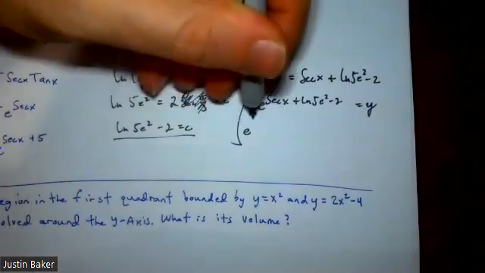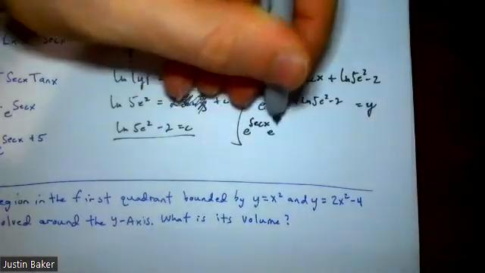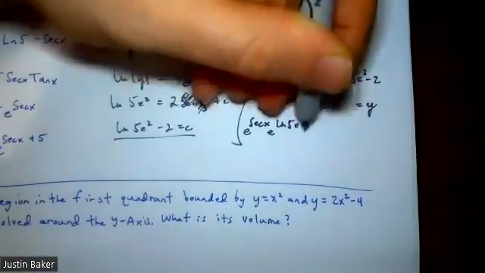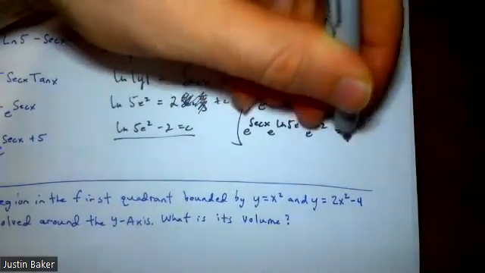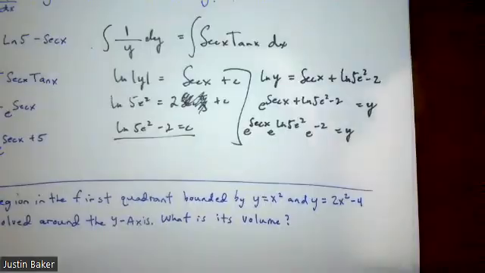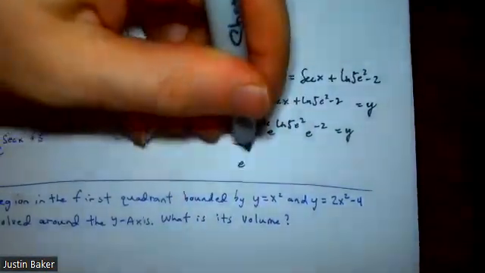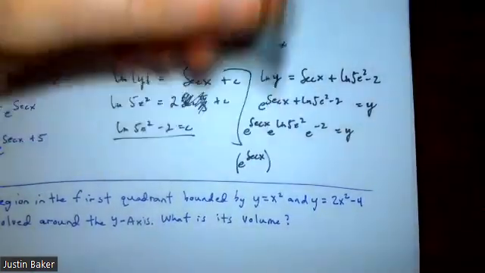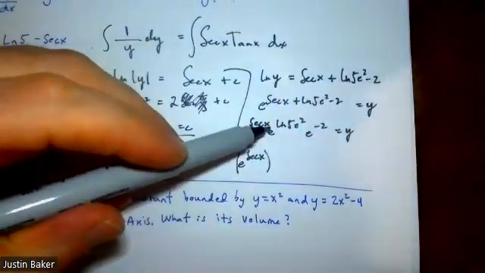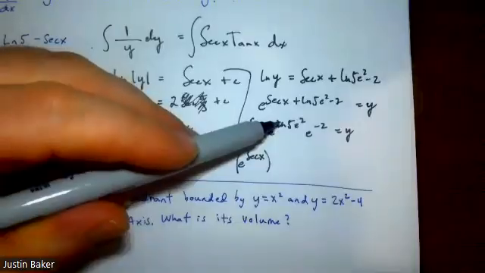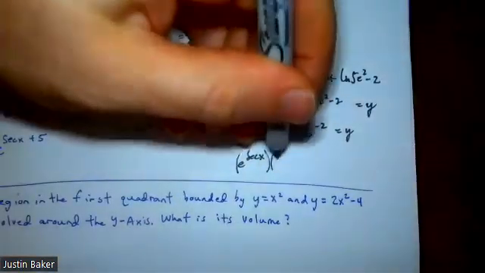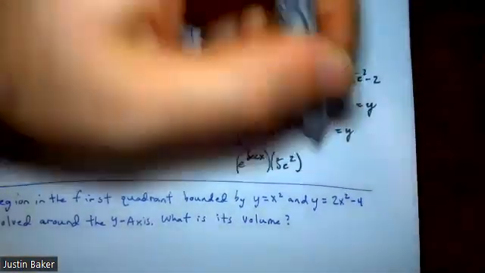And then all you got to do is just give each one of these its own e, and then see what we come up with. So this is going to be e to the secant x. Lock that one in. And then we know that e to the natural log of some stuff is the stuff. So that's just 5e squared.